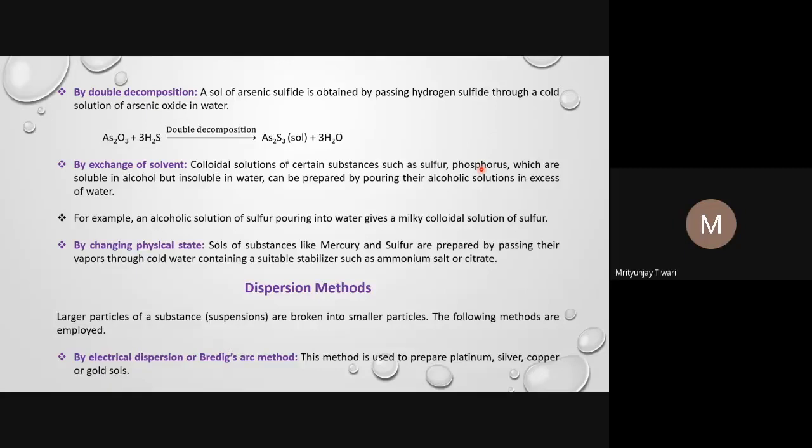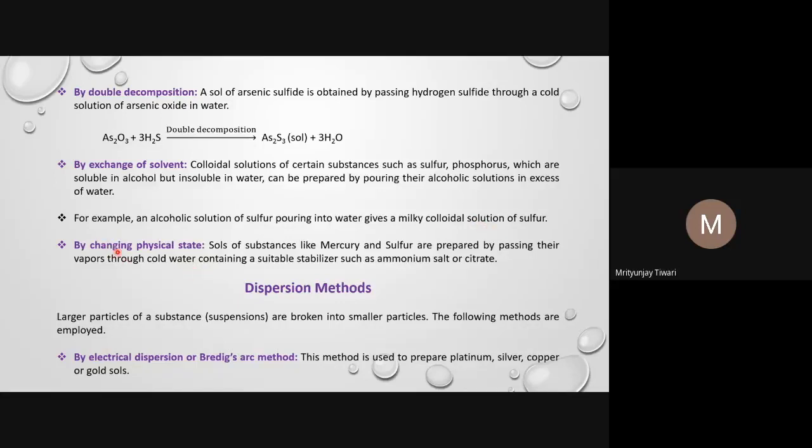Once you put this solution into the water, because they are not soluble in water, they will start getting associated, which is a condensation process, and after association they will form colloidal size particles. For example, pouring an alcoholic solution of sulfur into water gives a milky colloidal solution of sulfur.